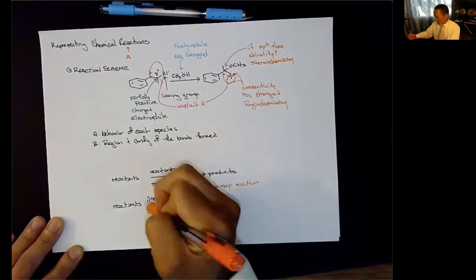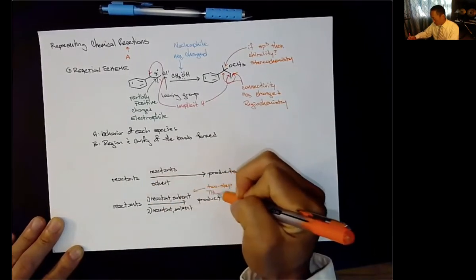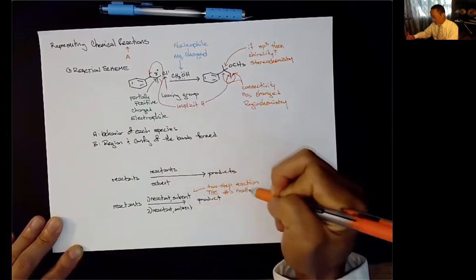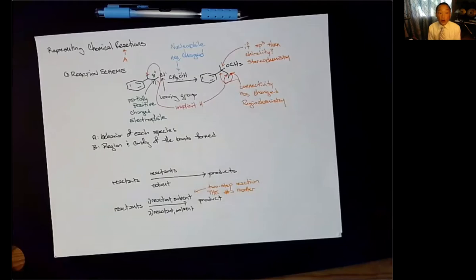And so the numbers matter. Don't forget them. If you see a 1 and a 2, what that really is implying is that a reaction took place, and then you recovered some product and then had another sequential reaction take place after that.